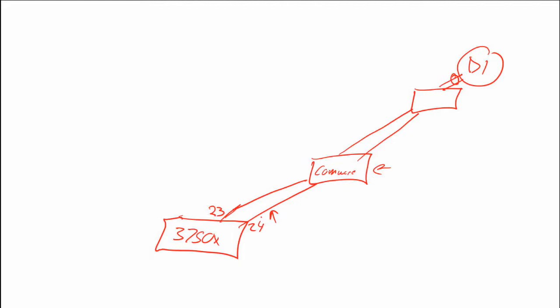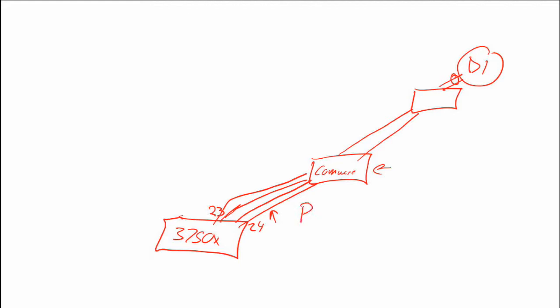Why don't I have a loop? Shouldn't one of these be in the blocking state? And here's another scenario. What if I had 4 wires run? Perfect, Reggie. It's logically one interface.